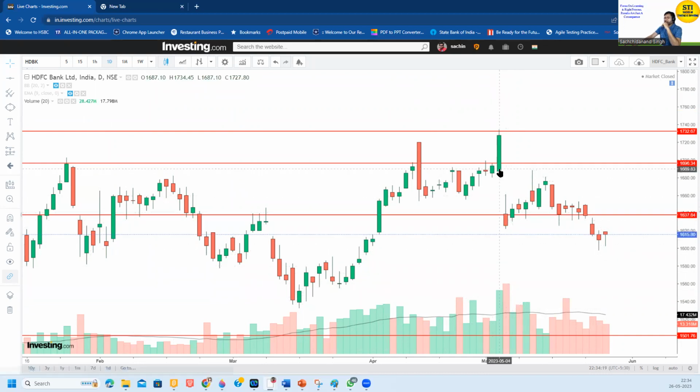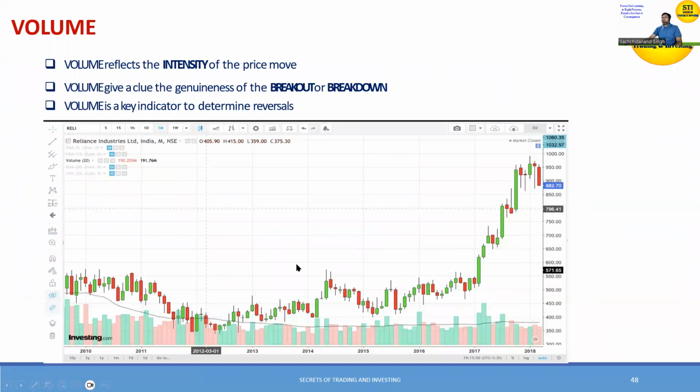If the candle is green, it will be green, red to red, and that's all. Volume reflects the intensity of the price movement. If the price is going up and volume is really high, high meaning more than average, then we can say it is a genuine price movement happening, either up or down. Volume gives the clue of the genuineness of a breakout or breakdown.